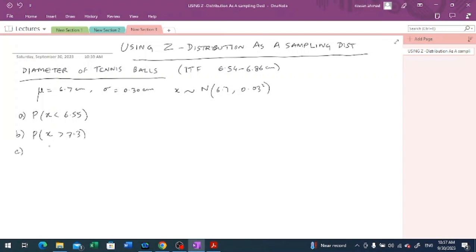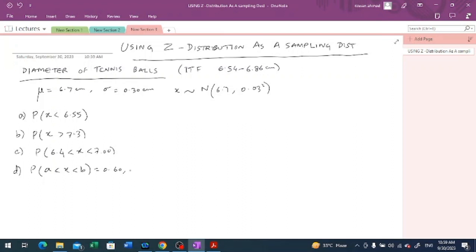And what is the probability that a randomly selected tennis ball has a diameter between 6.4 and 7? And furthermore, the unknown diameters of the tennis balls that are representing the middle 60% of the production lot in terms of the least and the maximum diameter.